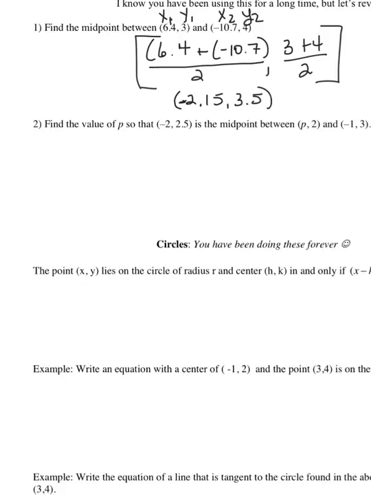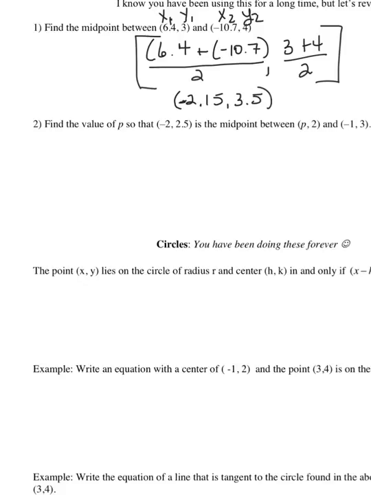All right, so in the next example of your notes, it's asking you to find the value of P so that negative 2, comma 2.5 is the midpoint between P2, which is x1, y1, and negative 1, 3, which is x2, y2. So in this case, we're trying to find x1. Well, how do we do that? Well, we're still going to use our midpoint formula, or at least a part of our midpoint formula.